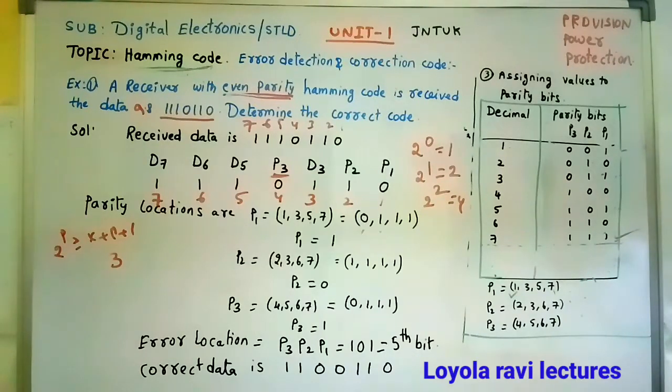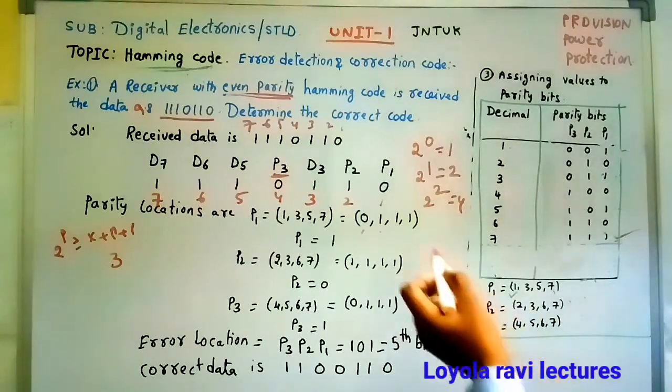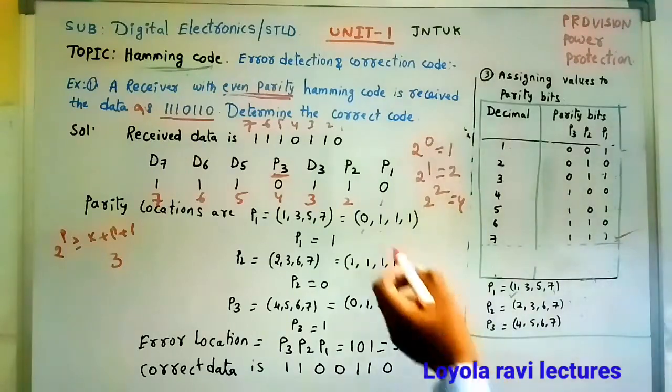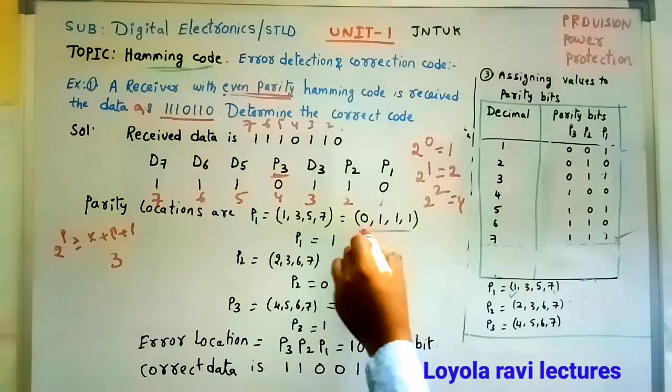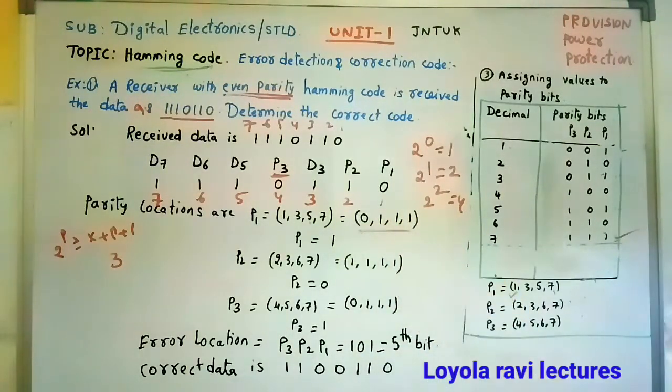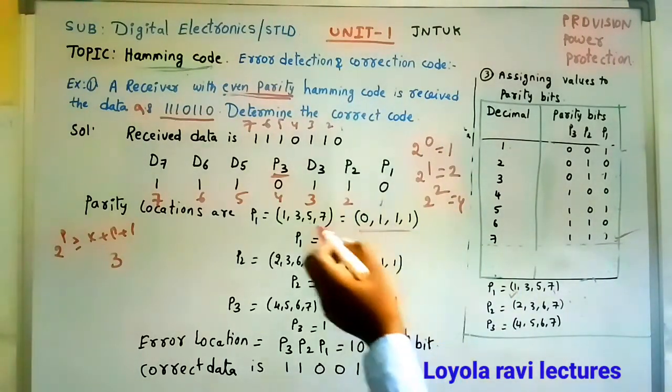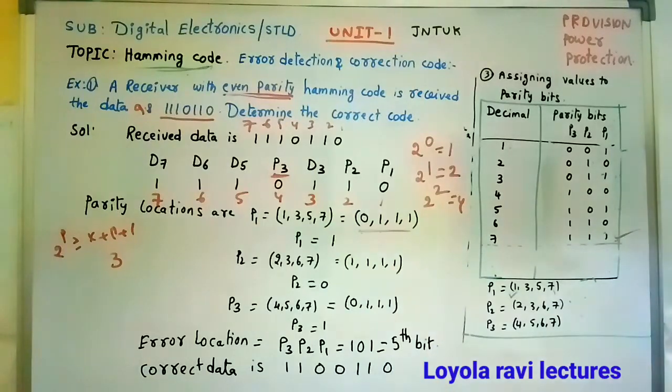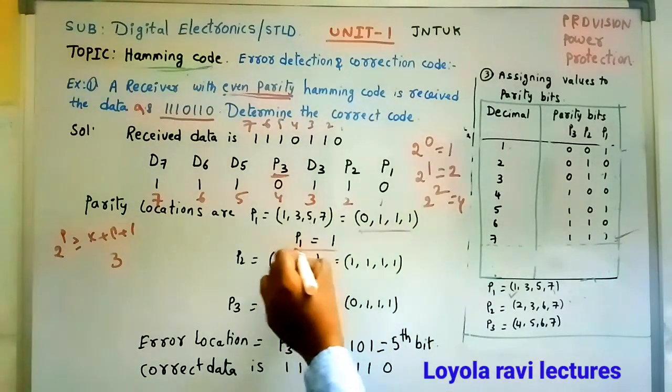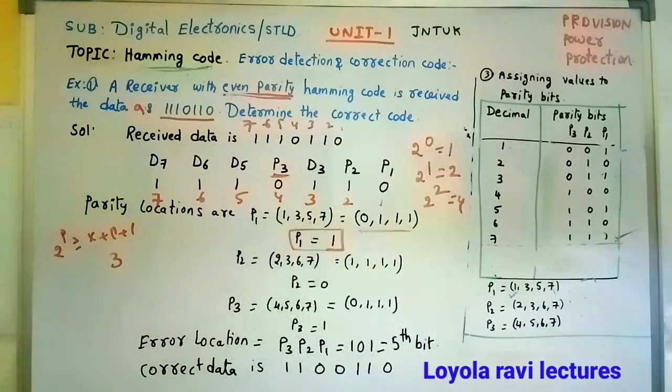If he is using even parity, the number of ones should be an even number. See here, the number of ones is 3 only. 3 is an odd number. That's why in this 1357 parity, P1 should be 1.